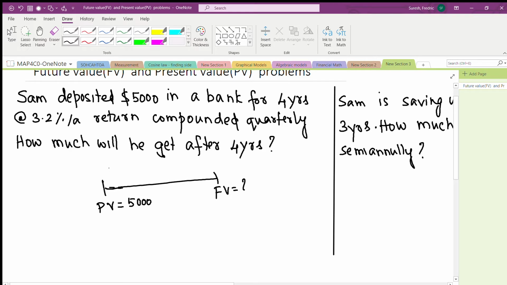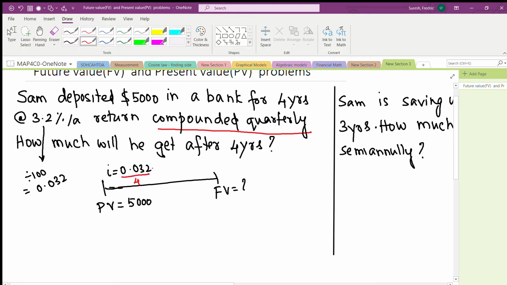And the other information that we have is the interest rate, I, and you have to convert the interest rate to decimals by dividing by 100. When you do that, the I becomes 0.032. And because it is compounded quarterly, you will have to divide this by 4.